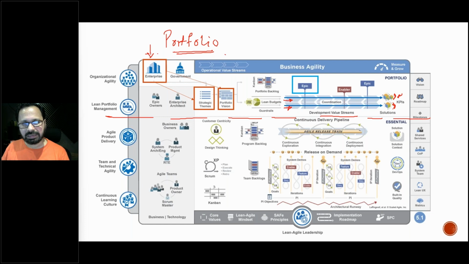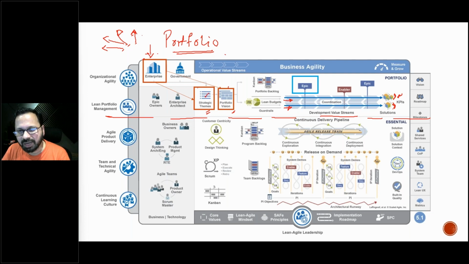And here, the portfolio vision: the enterprise can have a portfolio vision, which is nothing but the future state of the value stream. So how does the enterprise know what the future state is? The enterprise needs to come up with strategic themes. The enterprise understands the needs of the market, what our business requires externally in a simple sense, and they create a bunch of strategic themes.